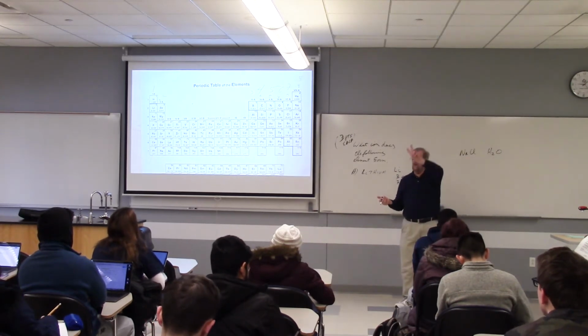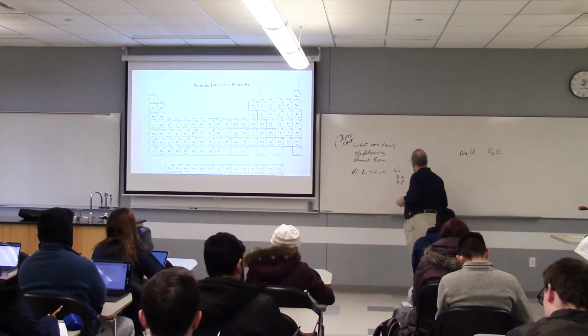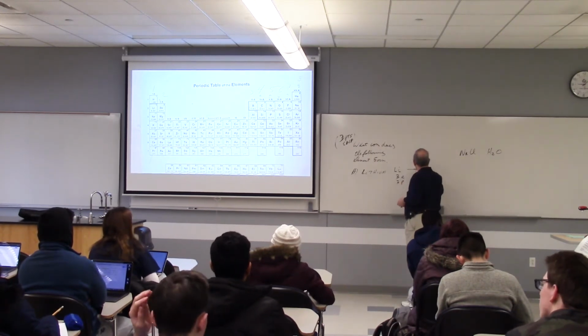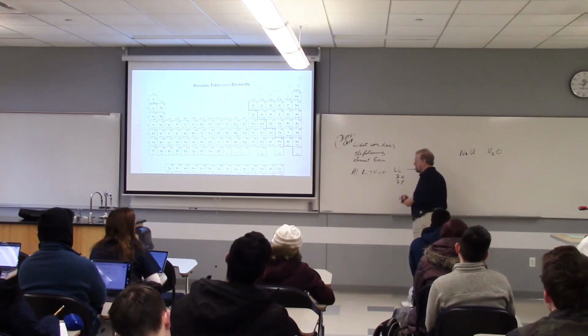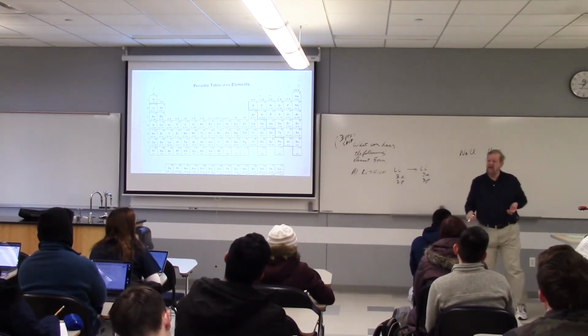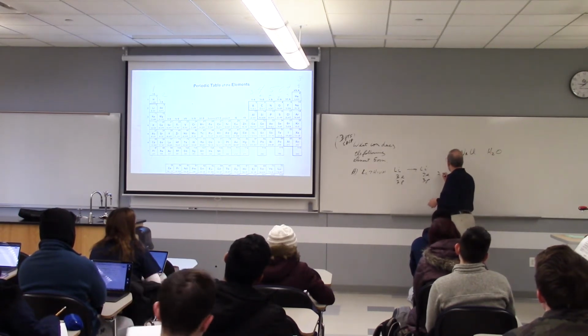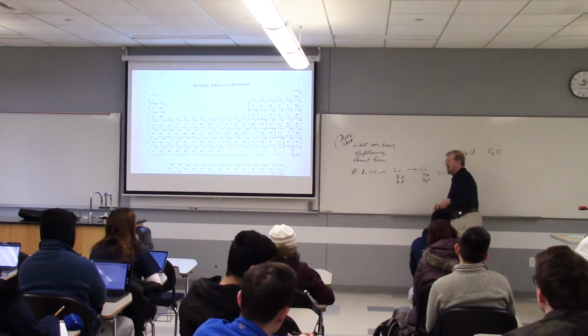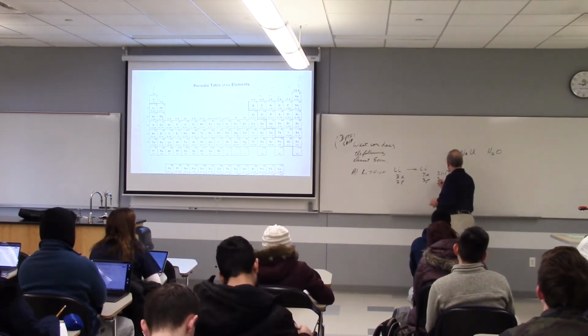Its octet is 2, because you're filling the 1s orbital, which can only hold 2. So lithium wants to go to 2 electrons, but you keep the number of protons, and therefore now we do some math, and you have 2 times each electron is a -1, and you have 3 protons.